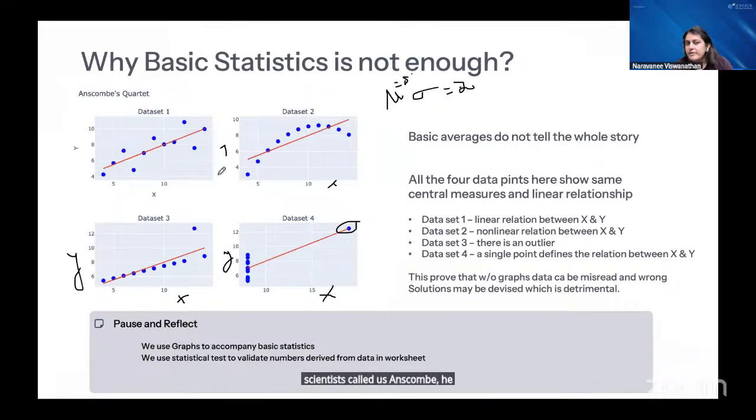He identified that different data sets can have the same central tendency measures. So graphs are very, very important. This is also the reason that we do a lot of these graphical representations, whenever we are trying to craft a narrative also. It's not good enough just to calculate and put the numbers. You also need to look at the relationship between different variables. Am I making sense, everyone?